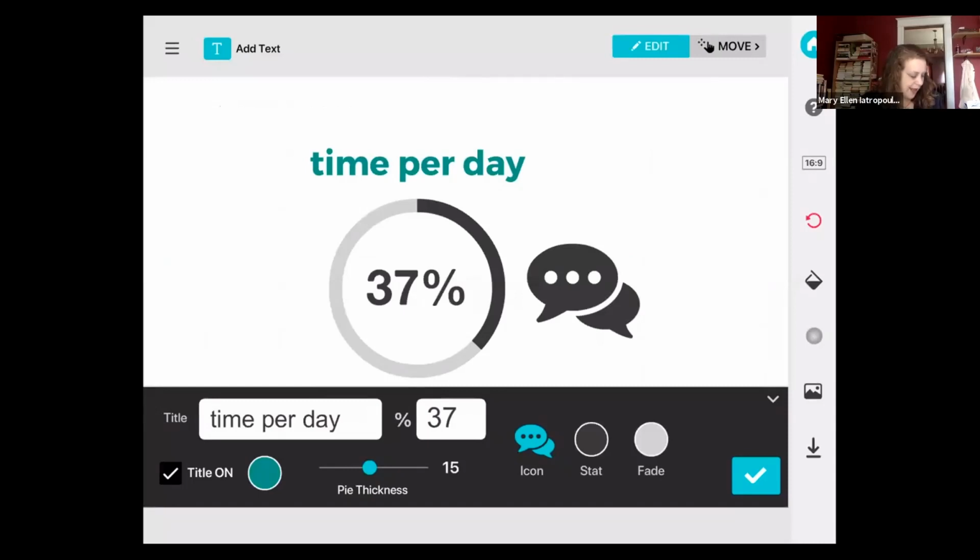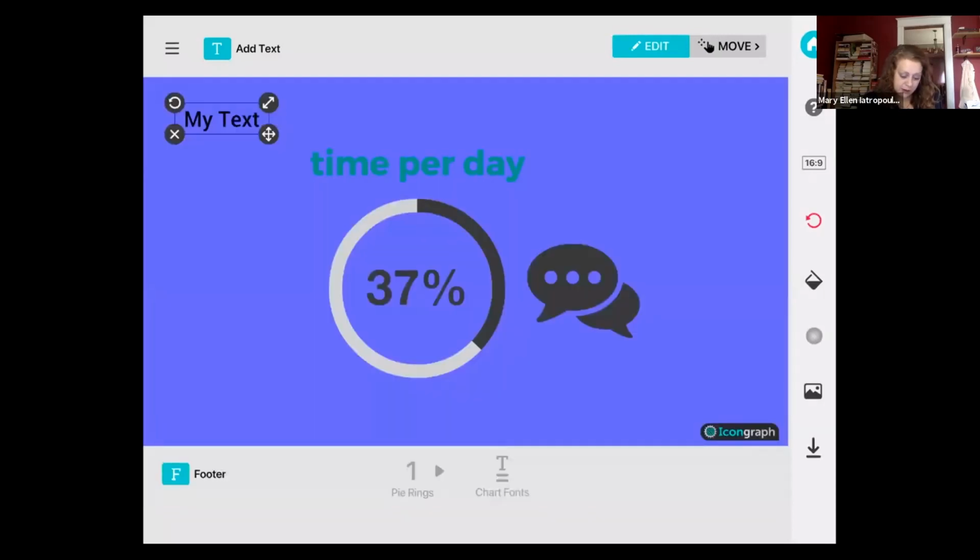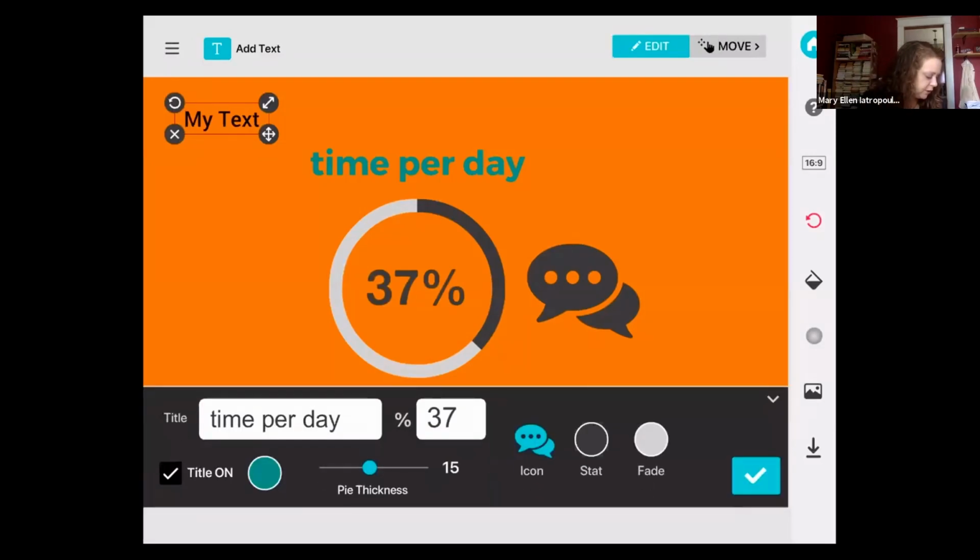So, and you can add additional text boxes. You can play around with different colors. Like say you want to make the background a different color. Icon Graph is maybe a more rudimentary kind of infograph that you would be building as opposed to Canva, but it also makes it very, very easy for you to do one of these.